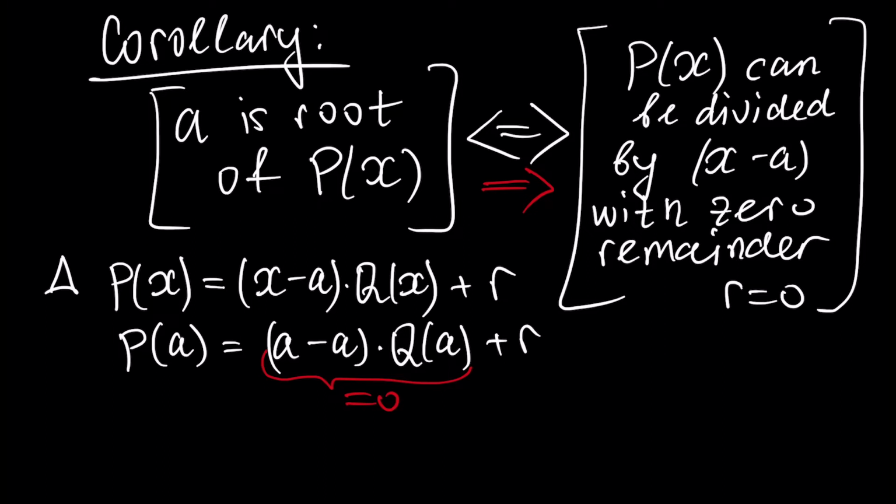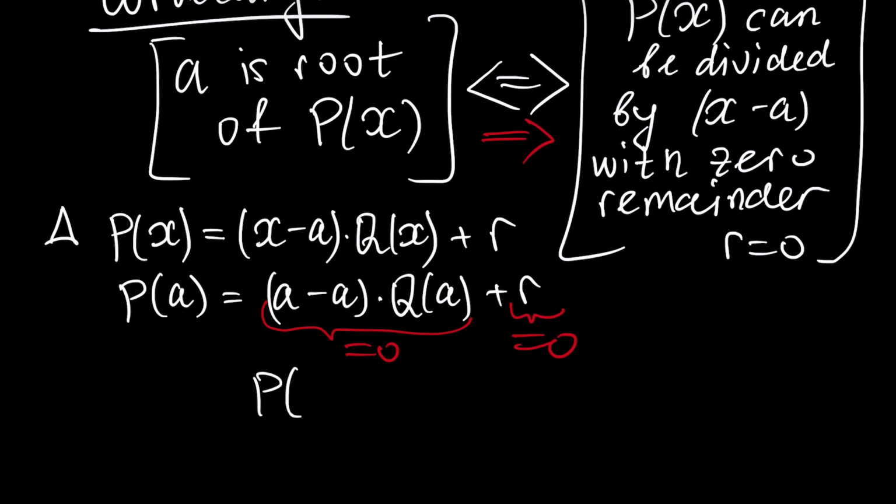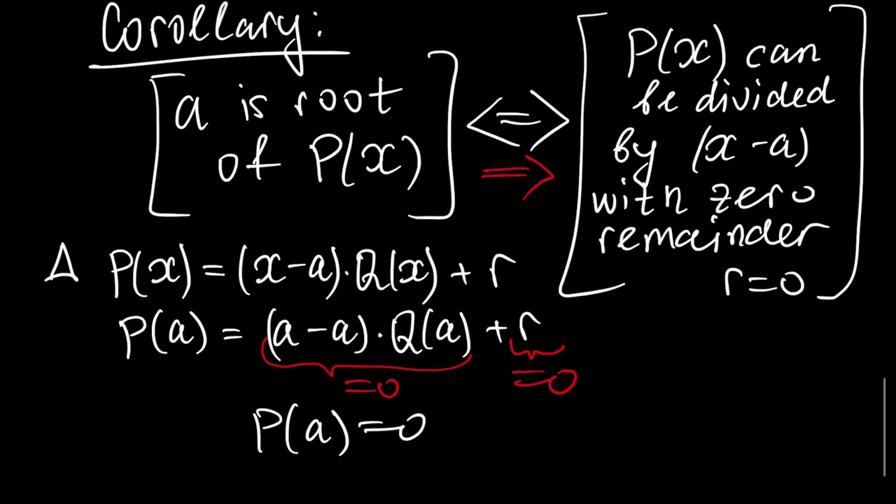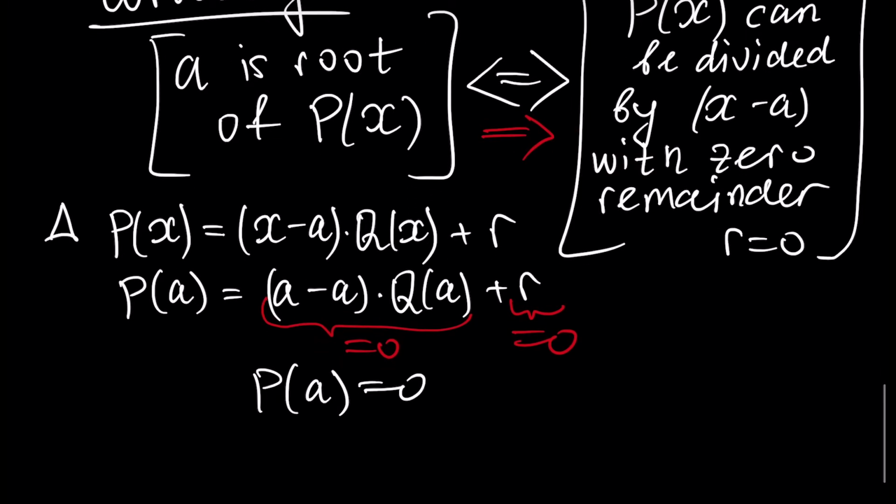And when our r is equal to 0, then we have p of a is equal to 0, or equivalently, a is the root of our polynomial. That's why if we want to prove this side, when a is the root of our polynomial p of x, we must have r equal to 0.